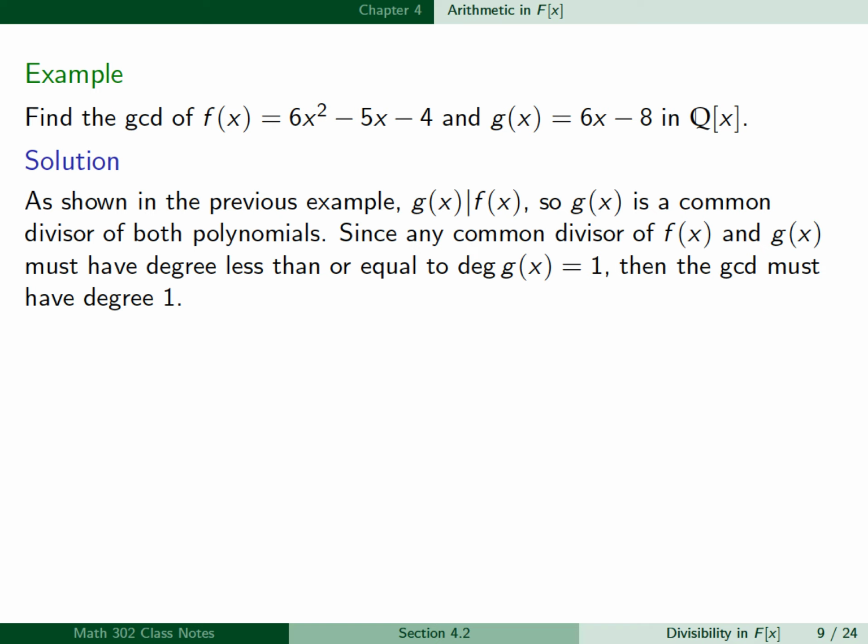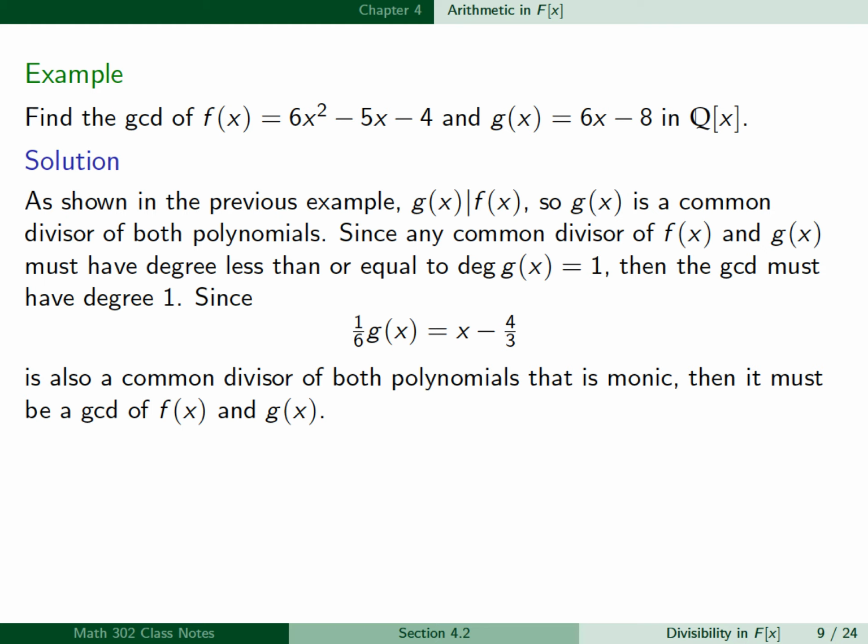Since any common divisor of f(x) and g(x) must have degree less than or equal to the degree of g(x), which is 1, then the GCD must have degree 1. And since 1/6 times g(x) = x - 4/3 is also a common divisor of both polynomials that is monic, then it must be a GCD of f(x) and g(x).